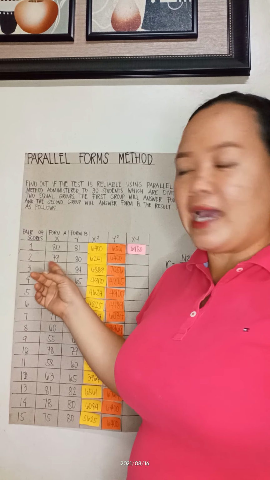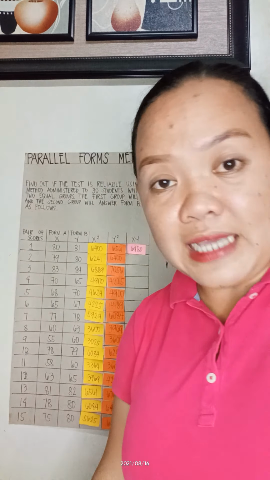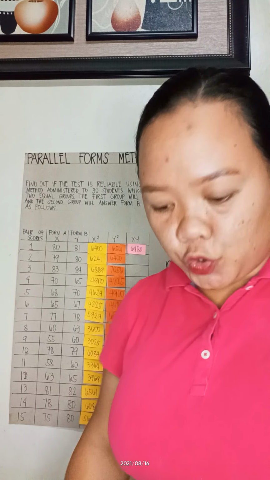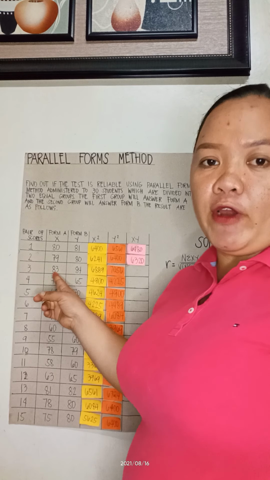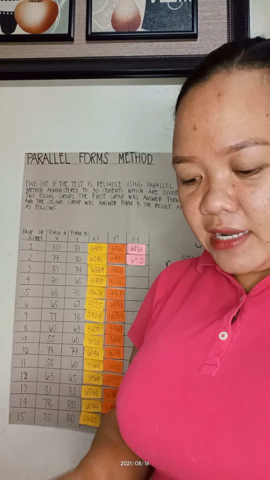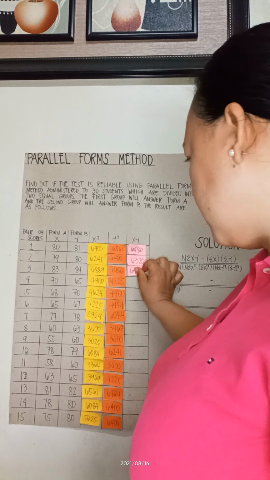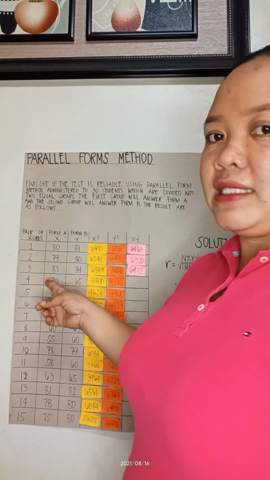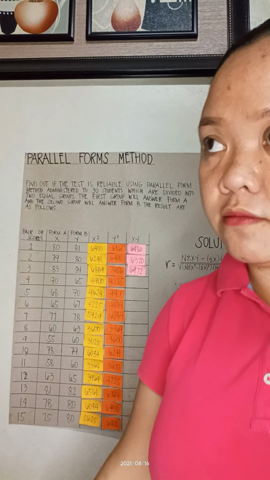Next, 79 times 80 is equal to 6,320. Next, 83 times 84 is equal to 6,972. Next, 70 times 65 is equal to 4,550.